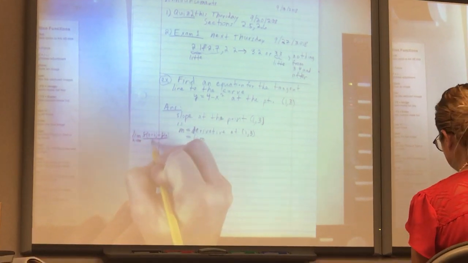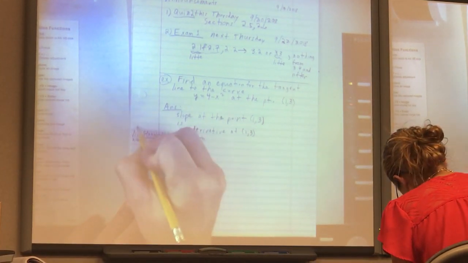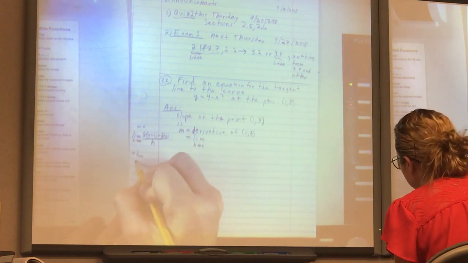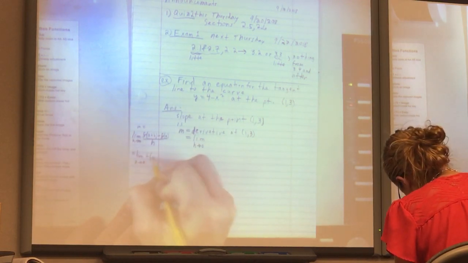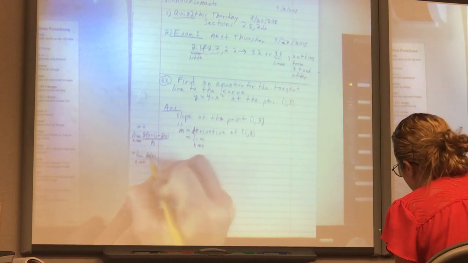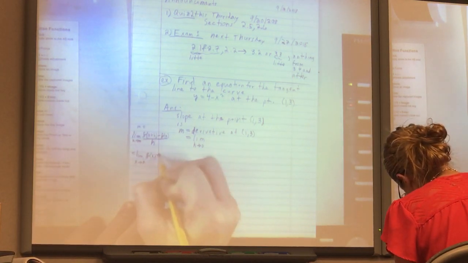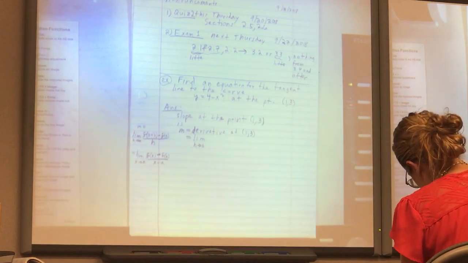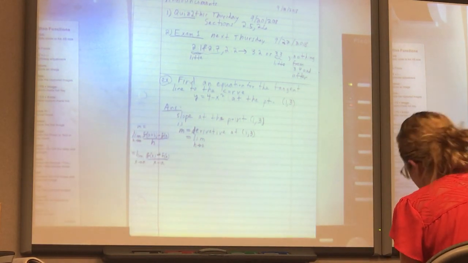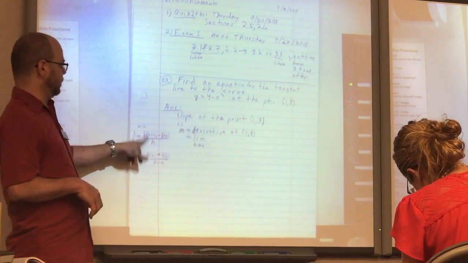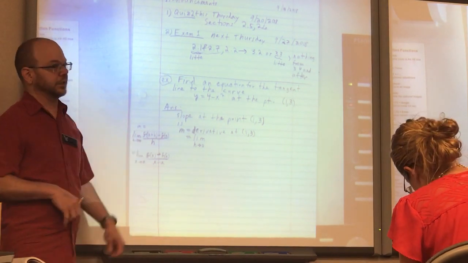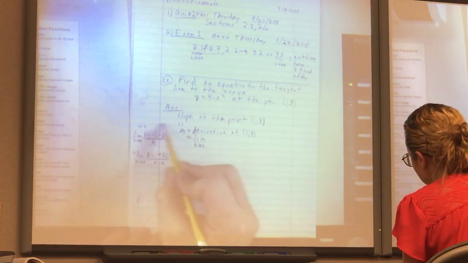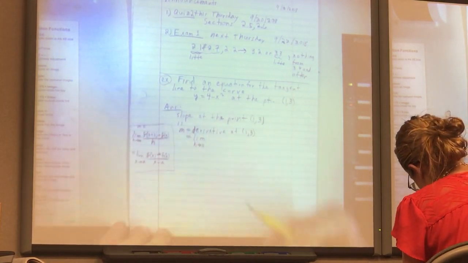That was one way. But we also wrote it as limit as x goes to a of f of x minus f of a over x minus a. Remember, there were 2 ways to write that. Again, I'll give you the notation in a moment. For now, I'm just calling it m to emphasize that that's the slope of the tangent line.